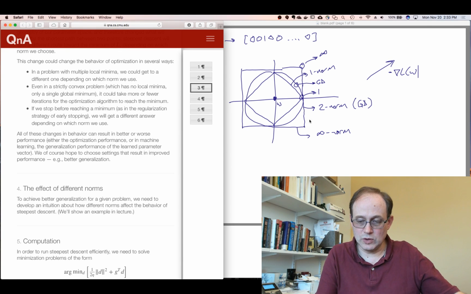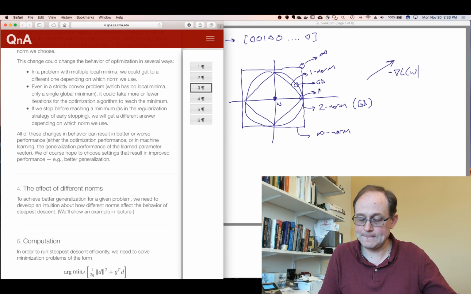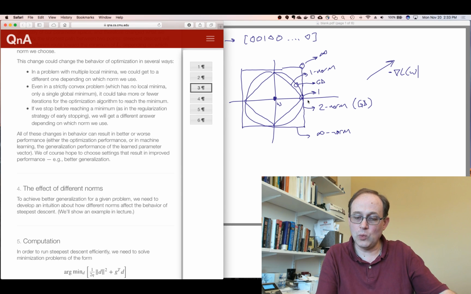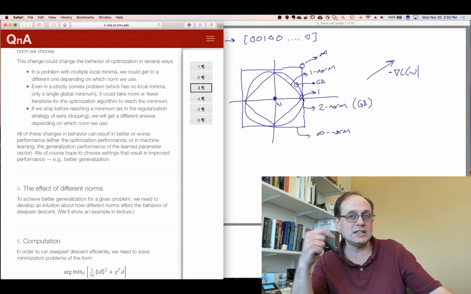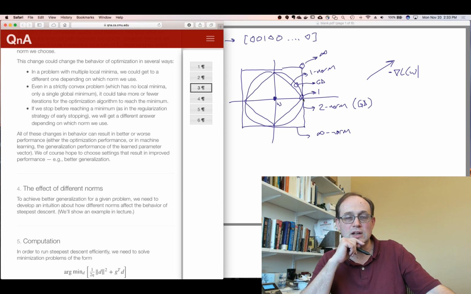Each one of these different norms is associated with a different property. In particular, if you look at what the 1 norm did, we stayed on the coordinate axis here. So the 1 norm encouraged us to have a sparse update to our parameter vector, and if we keep making sparse updates, our parameter vector will tend to stay sparse, at least if we start at a sparse point like 0.